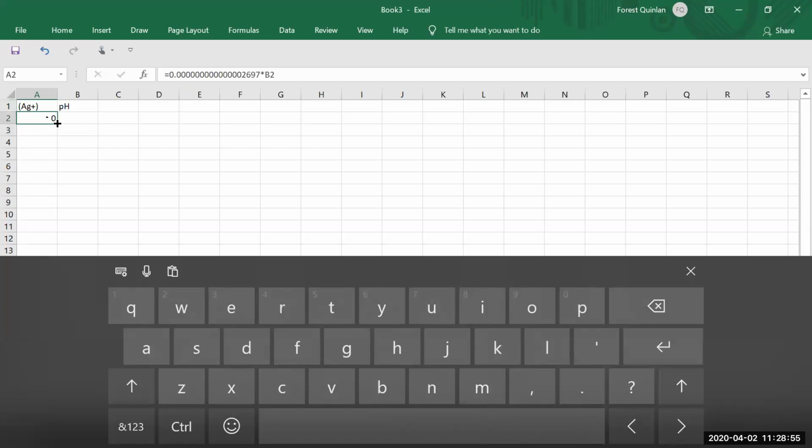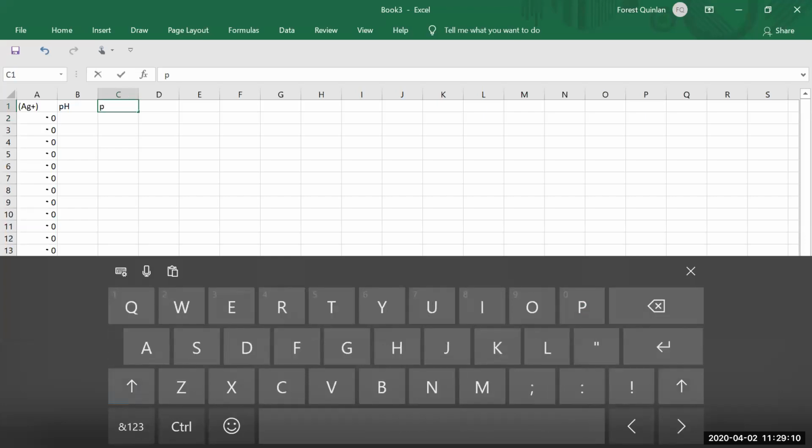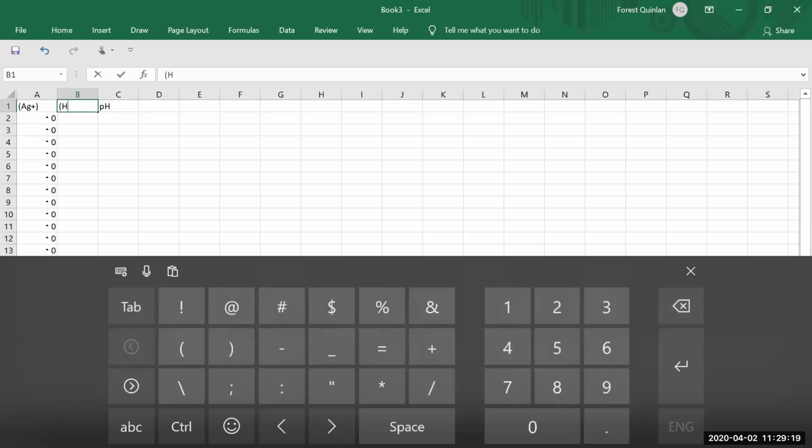If I take this now and fill it down a little bit, I have a pH equals 1. This will actually be the H+ concentration. I apologize. Well, why am I apologizing? I'm doing an Excel spreadsheet for you, just like you guys wanted. So my pH is 1, 2, 3, 4, 5, 6, 7, 8.